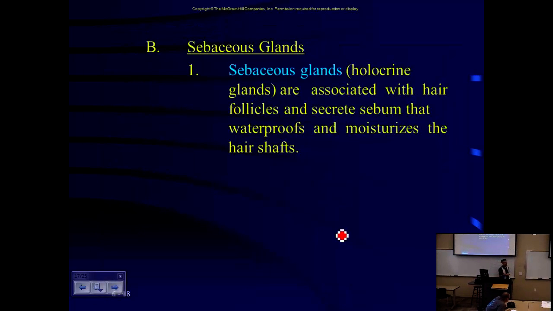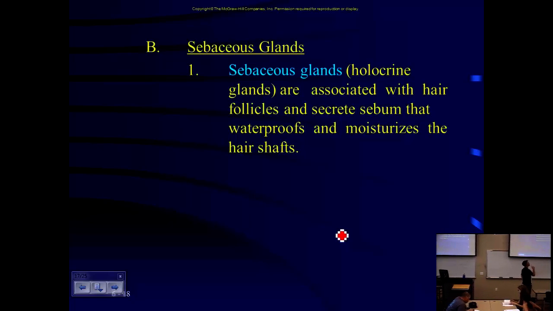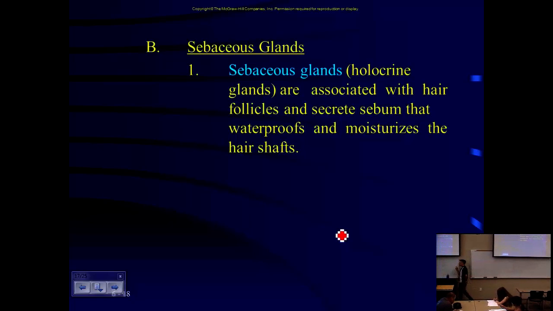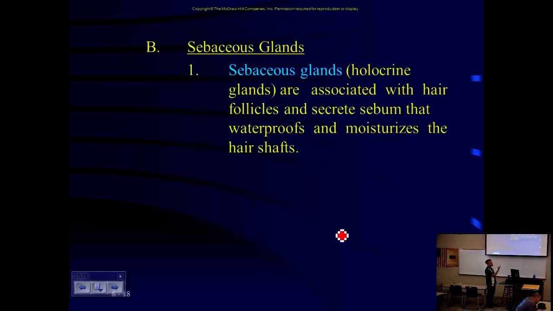So sebaceous glands are those associated with the hair follicles and secrete oil, which we also call sebum. It waterproofs and moisturizes the hair shafts as well as the skin itself. Now the funny thing is, it's protective so that the hair doesn't dry out, so the skin doesn't dry out, etc. But we don't like it, so we spend all kinds of time washing it off and washing your hair with something that is a little bit more pleasant smelling.